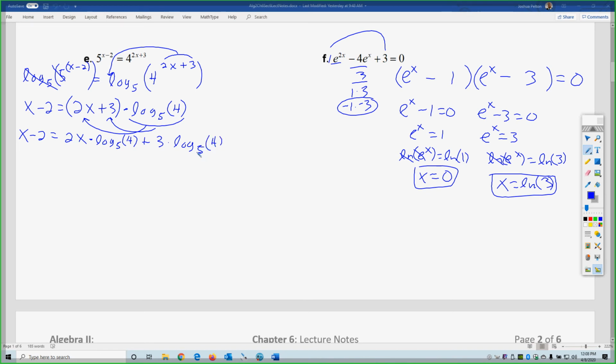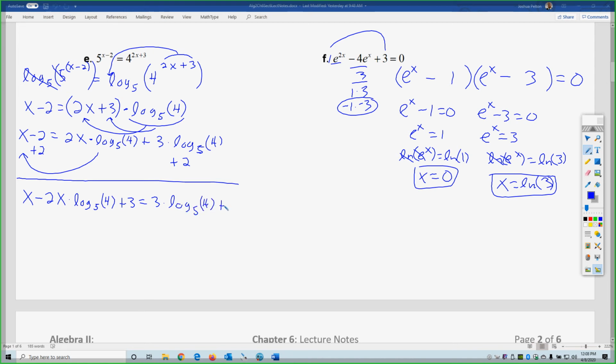So I need to add the 2 to the other side and subtract this log to that side. So when I do the adding and subtracting, I get x minus 2x times log base 5 of 4 equals 3 times log base 5 of 4 plus 2.